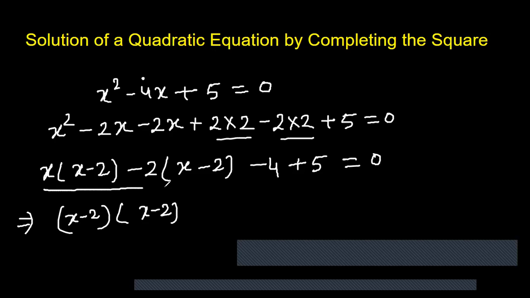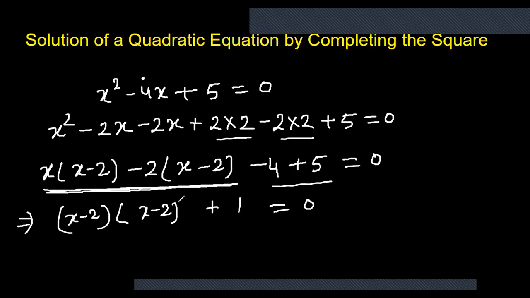So this part of the expression has been factorized, and the factors are x minus 2 into x minus 2. We have made a perfect square here. So that means x minus 2 whole square is equal to minus 1.